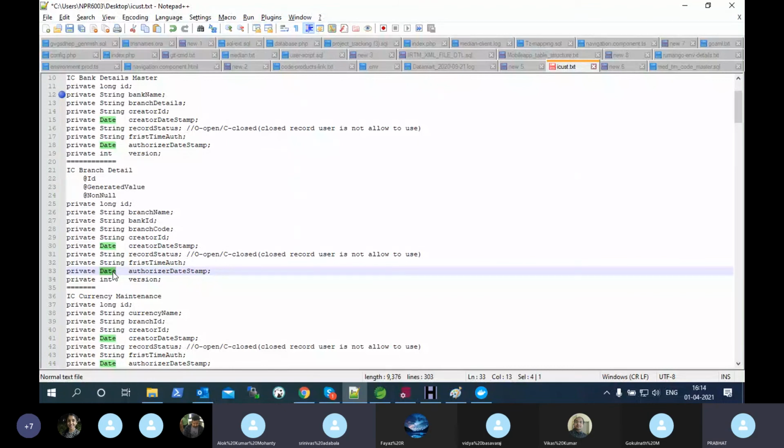Sir, util date comes with date and time, but while fetching from the database it creates a problem. While inserting it will insert easily, but while fetching it will create a problem. Okay, that is not a problem, we will fix it. It is only because of which date type you are using. Yes, sir, I think so. You can check with this one.